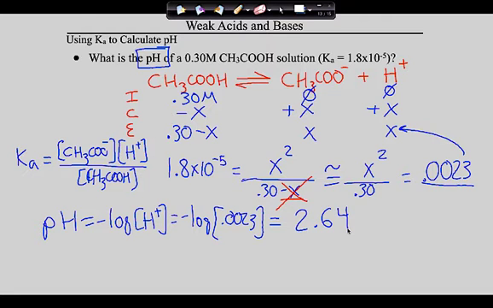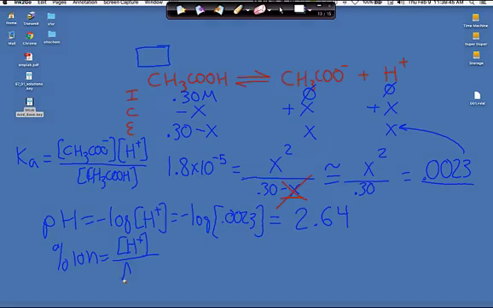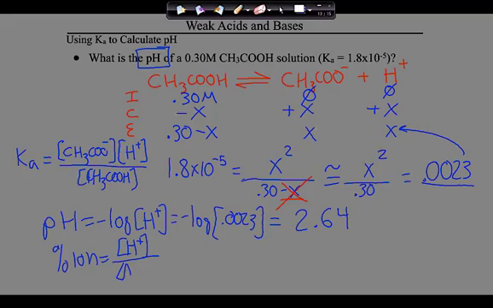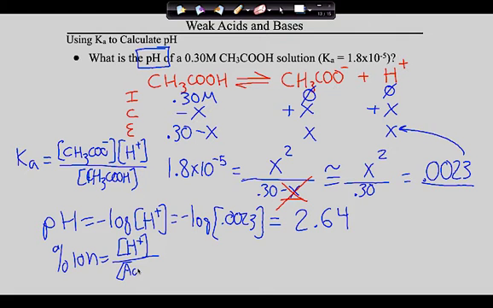Okay, now guys, do this with me. Percent ionization is equal to the concentration of hydrogen divided by the concentration of the acid initially, which is equal to 0.0023 divided by 0.3, times 100.